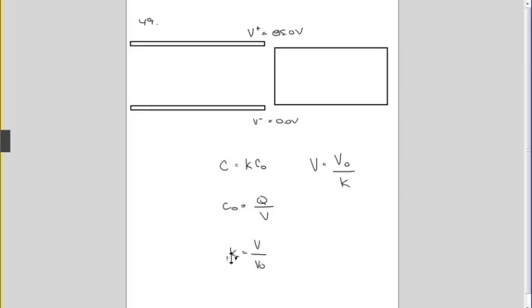I just realized I did it wrong when that worked out. Because what's going to happen is the voltage is going to go down. We know this is going down, and we know the dielectric constant is greater than 1.